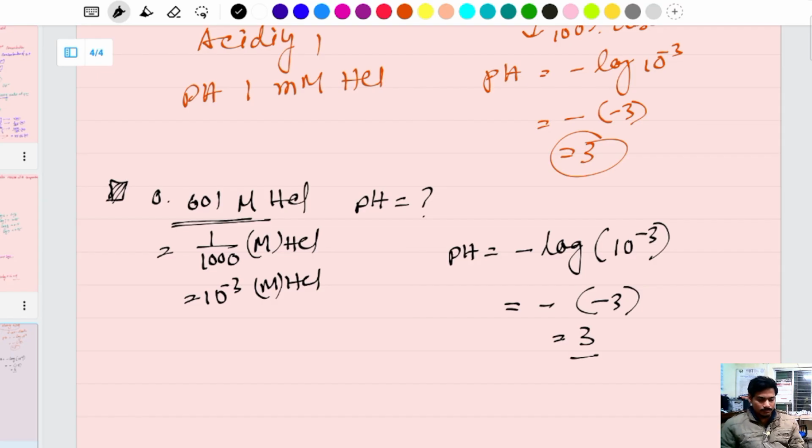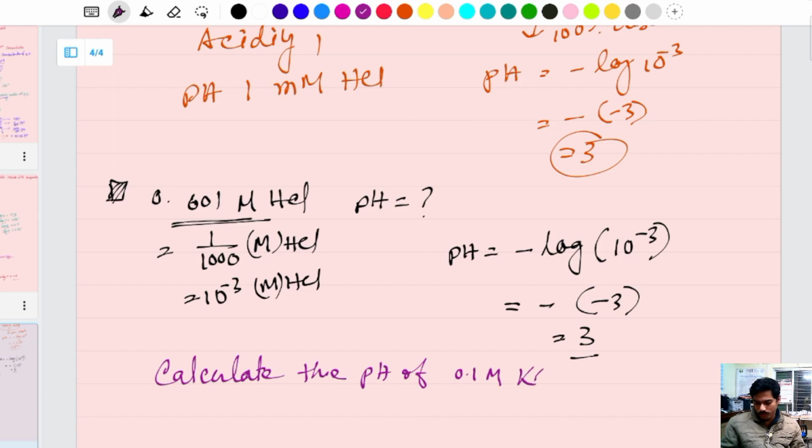And let's write down some problems, which you can also do on your own. Calculate the pH of 0.1 molar KOH. KOH means K plus and OH minus.